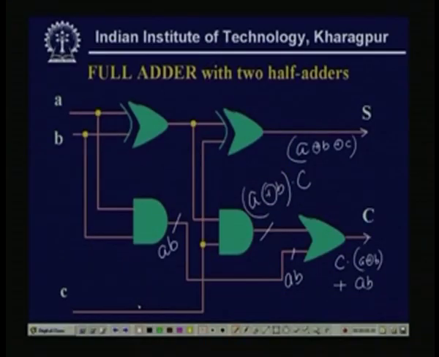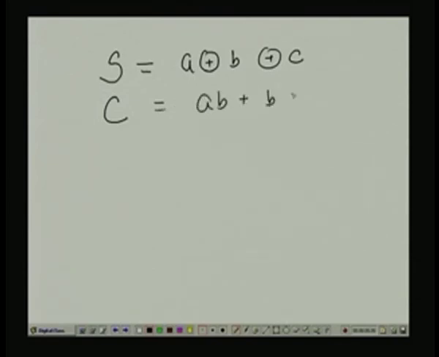See, I can take another one. See, my S is A XOR B XOR C, and my carry is A B plus B C plus C A. So, if it is a 2 input AND gate, say I am thinking that my complemented variables are not available.